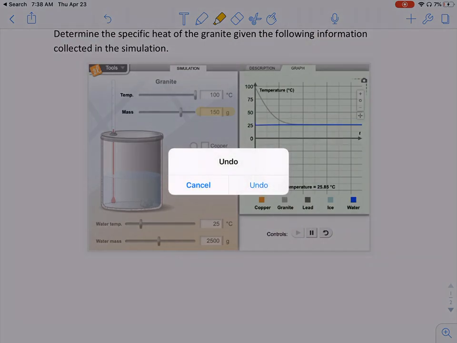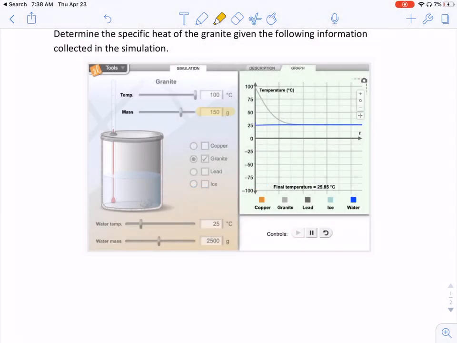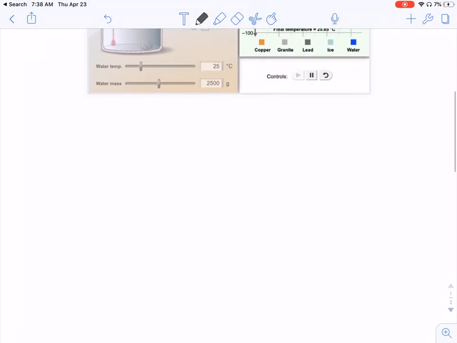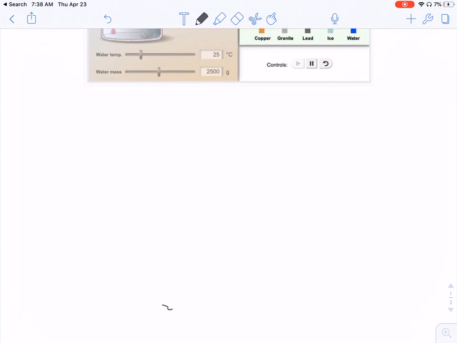All right, so what I like to do for this is make a list of the m, c, and delta T information that I have for each substance in the problem. So I'm going to do my granite over here, and then over here I'm going to do my water.